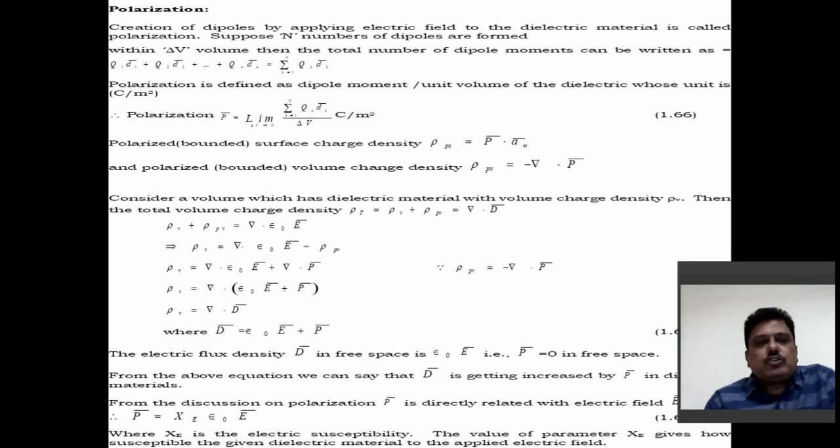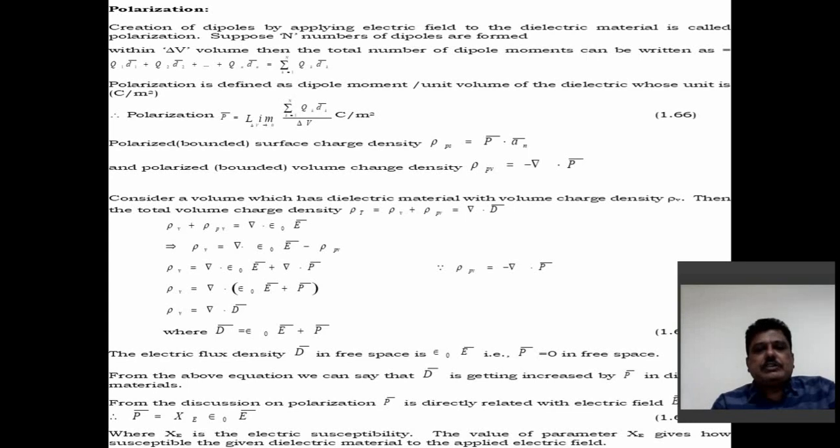So rho V equal to del dot epsilon naught E bar plus del dot P bar. Rho V equal to del dot of epsilon naught E bar plus P bar. Rho V equal to del dot D bar, where D bar equal to epsilon naught E bar plus P bar.